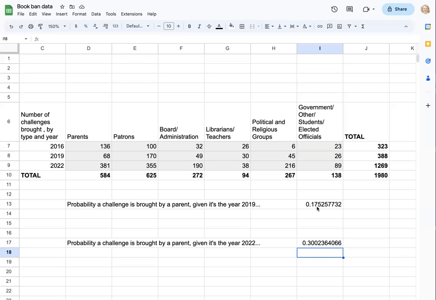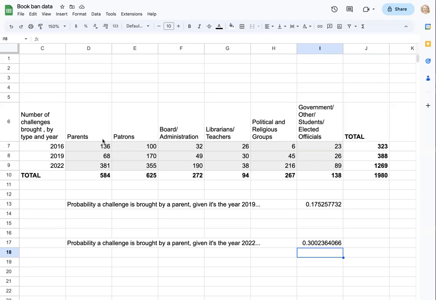And then if I go to the contrasting sentence, given that it's the year 2022, we have 30% of the challenges brought by parents. So we can see that, wow, that's kind of a big difference. And we may wonder, why is that happening? That's something else that we can explore on another question. Look at confounding variables or other influences to our data.